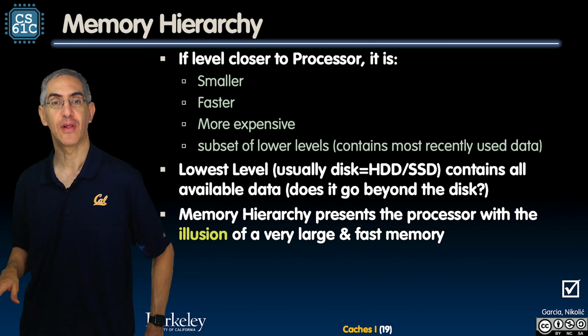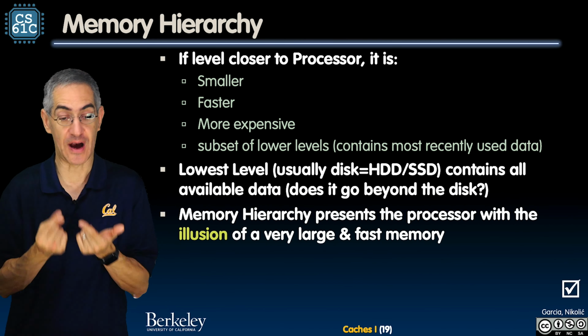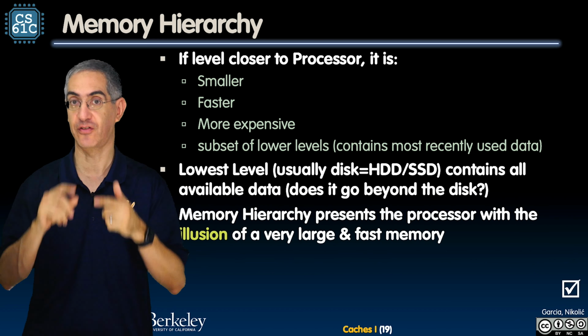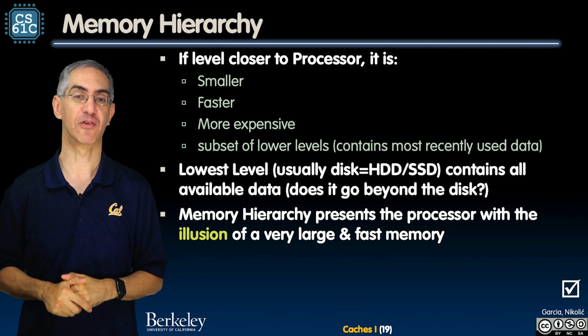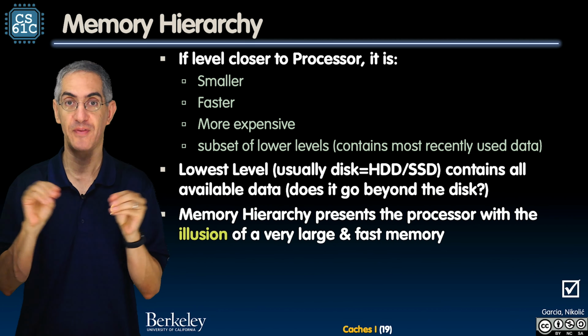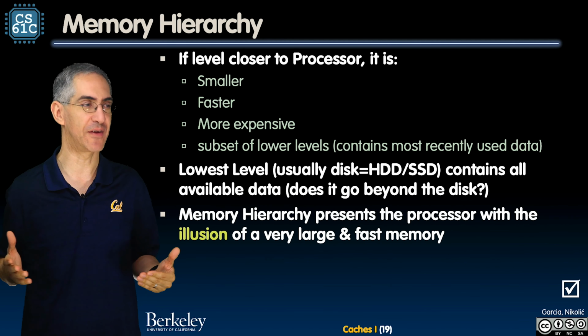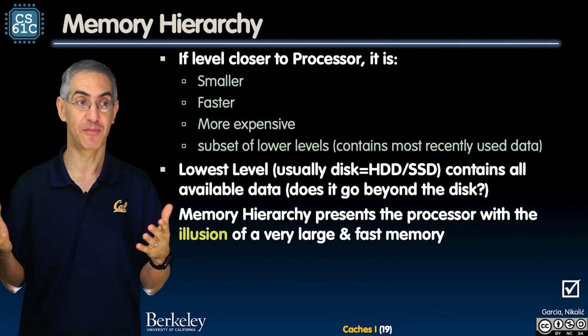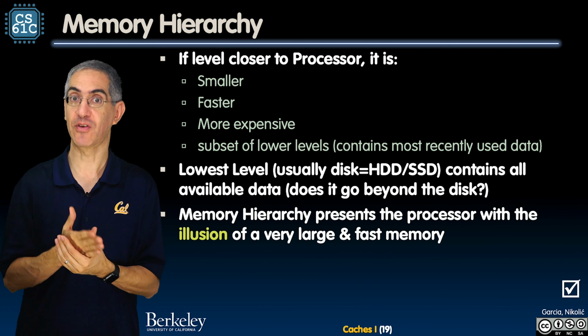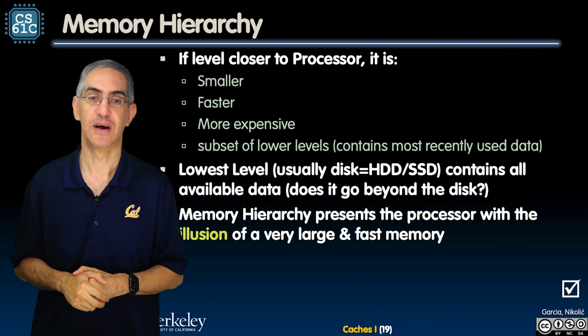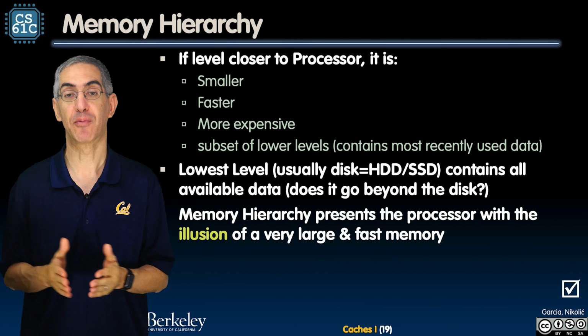So, a summary of the whole idea: if the level is close to the processor, the higher up you get in that triangle, the memory hierarchy, it is smaller, faster, and more expensive per bit. That's clear. And also the important thing is that it is a subset of the lower levels. I think I said that four times now. I want to make sure that you don't get that question wrong on the exam. It's always a subset, a copy of the lower levels. And the idea of the memory hierarchy is the illusion.